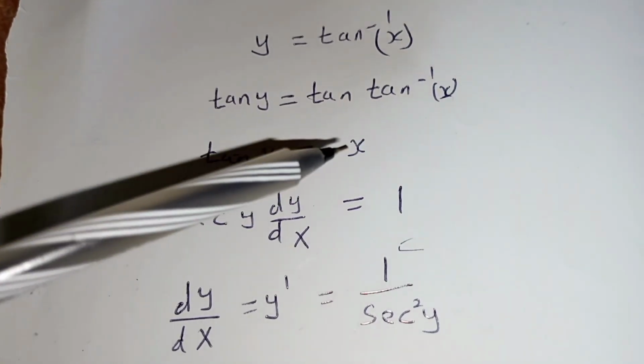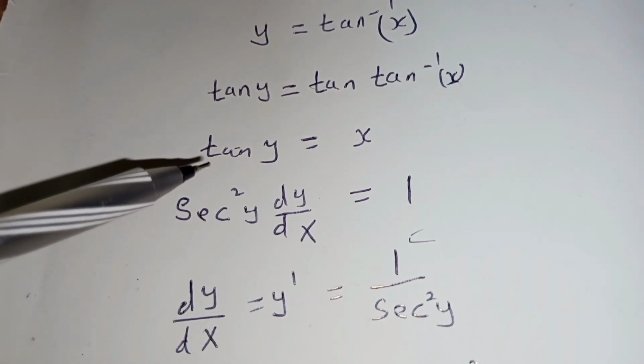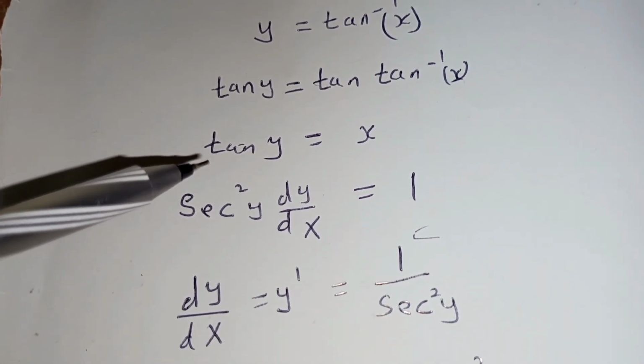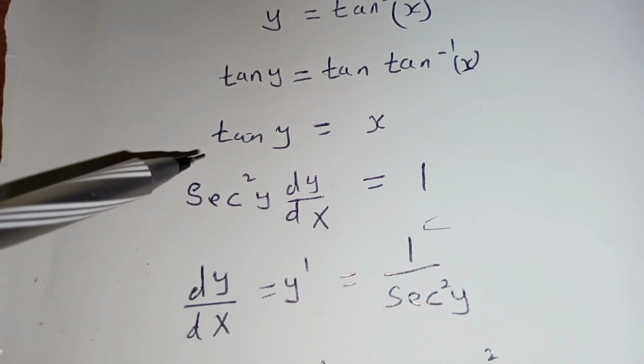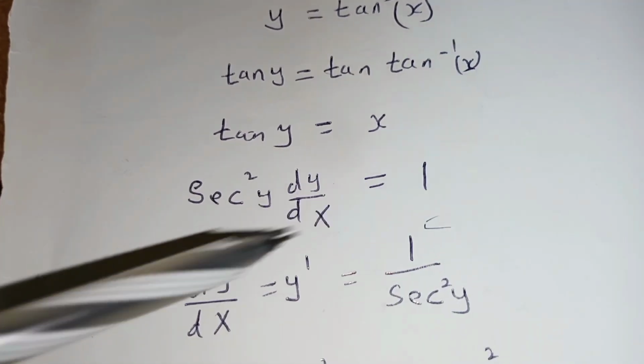So 1 times x is x. Then from there, we differentiated tan of y implicitly with respect to x to obtain sec squared y dy dx, which is equal to 1.